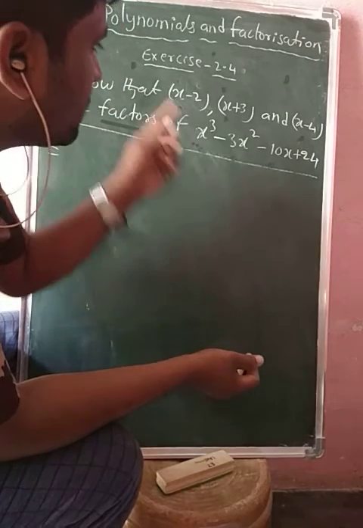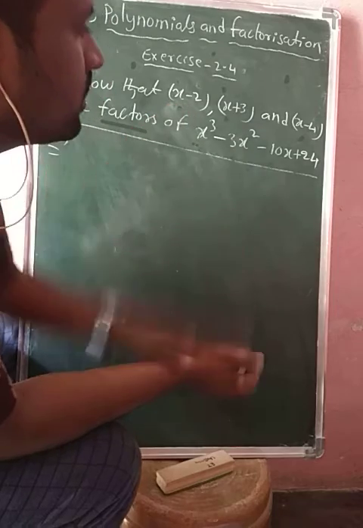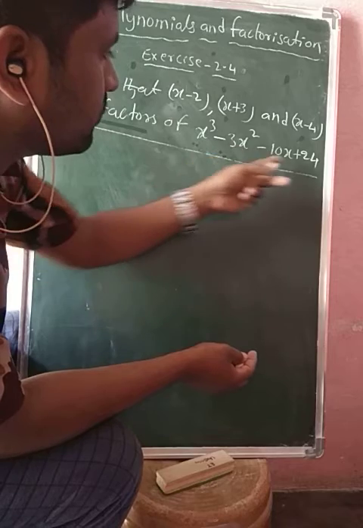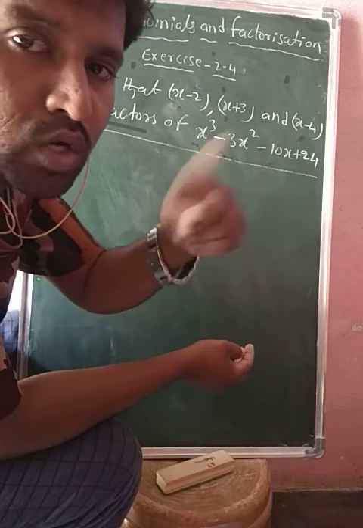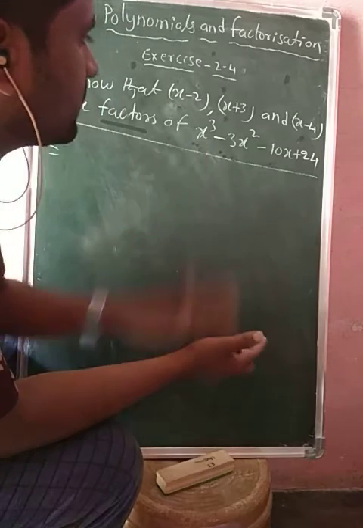if we substitute the zero of the factor in the polynomial, in the place of x, the value of the polynomial becomes 0. Then only we can say that it is a factor.